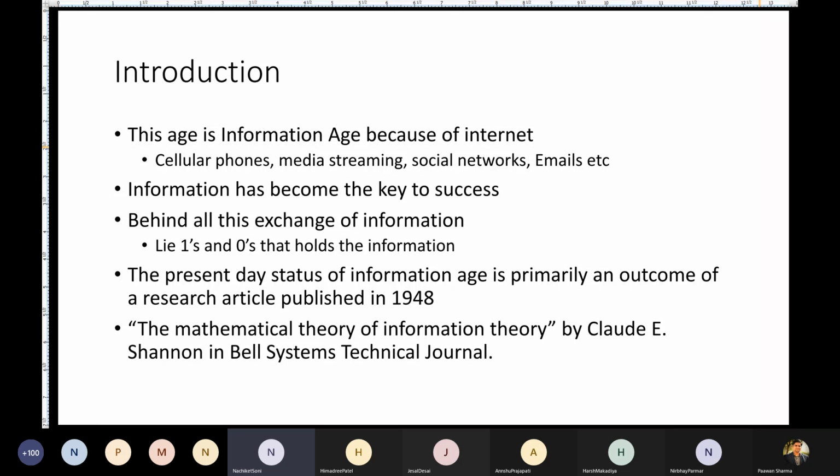Sorry, sir, what? The difference between data and information. Data is anything which we can code in binary. Okay. And information? Information is not sorted.